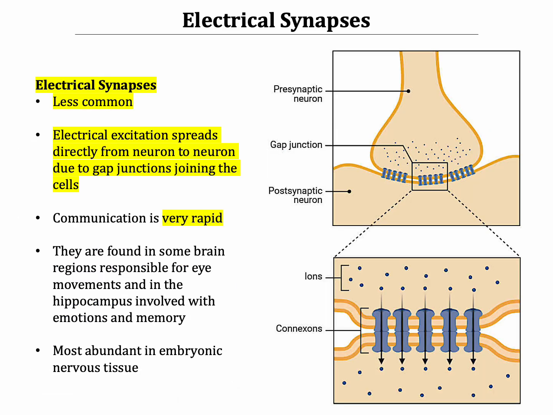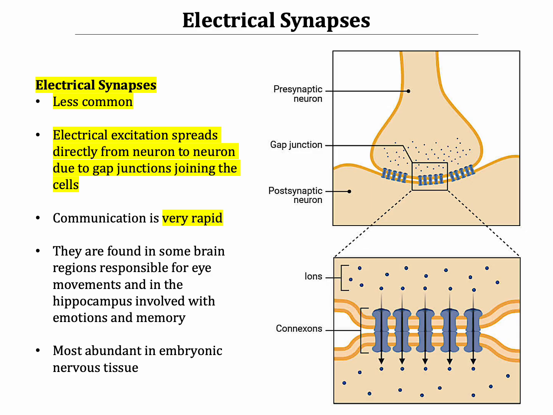Electrical synapses are less common than chemical synapses. And with an electrical synapse, there's a very close fit connection point between one neuron and the next. And there are gap junctions joining these cells together so that ions can just diffuse right between one neuron and the other.